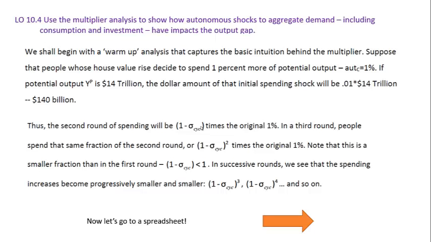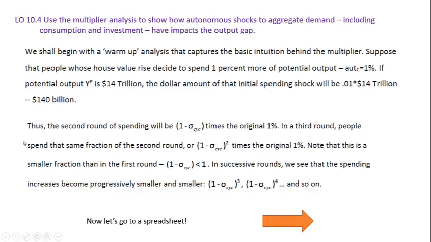This is the marginal propensity to save out of transitory income, and then 1 minus sigma sick is the marginal propensity to consume out of transitory income. So let's think of sigma sick, for example, as being 70%. That means that the marginal propensity to consume will be 1 minus 70%, which is 30%. So people will be spending that extra 30% of the original 1% of potential output.